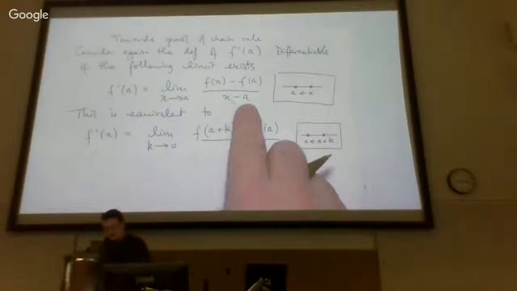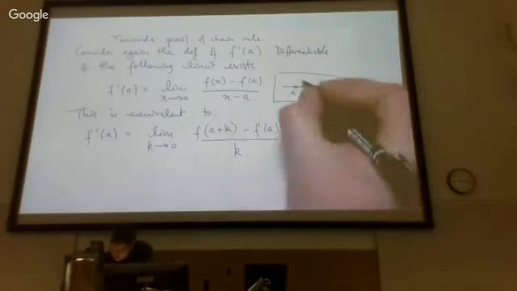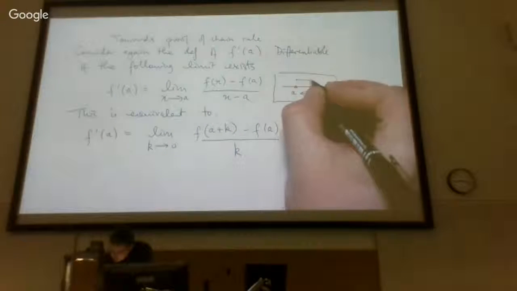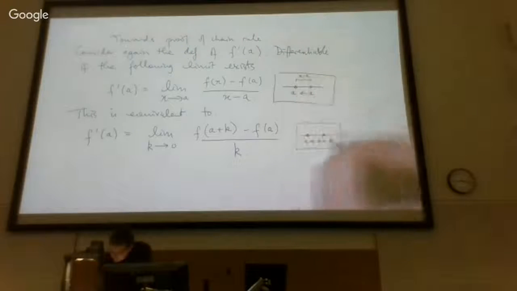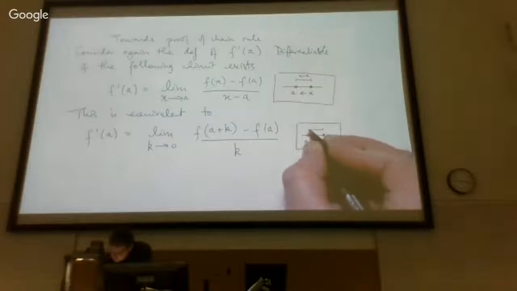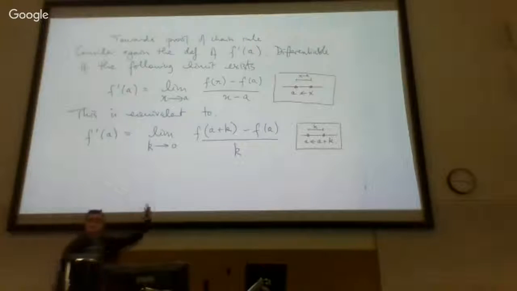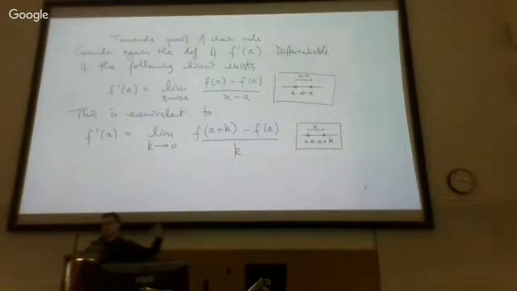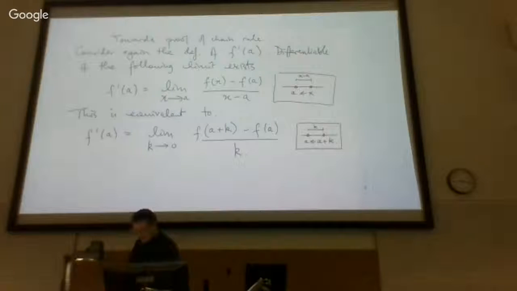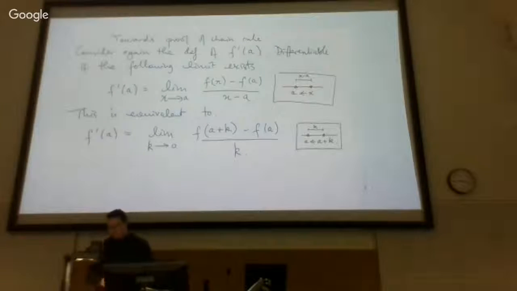And instead of x minus a as the signed distance, the signed distance is then simply k. So it's exactly the same limiting process. That's the first thing to do. Exactly the same thing, just expressed differently and in a more amenable way to move towards the proof of the chain rule.